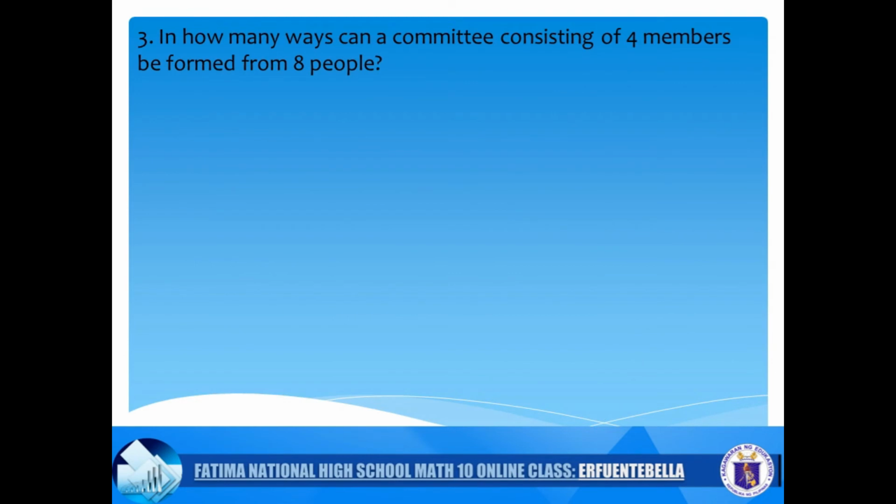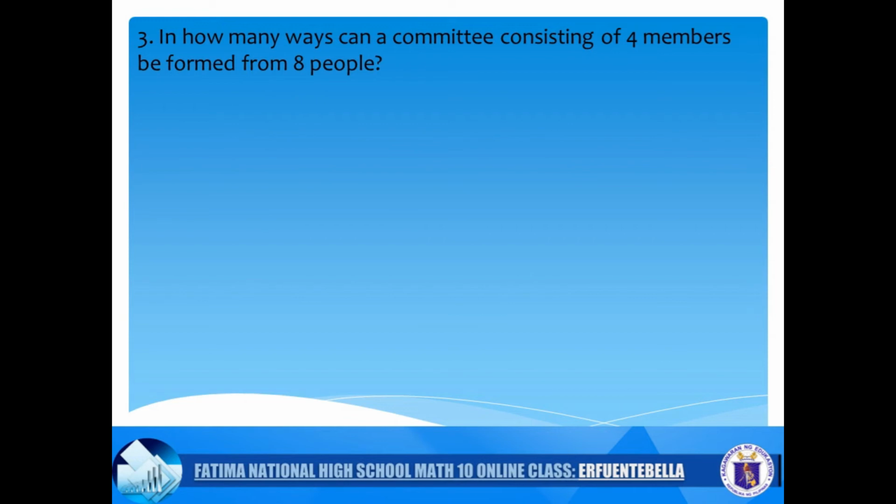Okay, so we have example number 3. In how many ways can a committee consisting of 4 members be formed from 8 people? So is this combination or permutation? So remember that we have only to choose 4 members out of 8 people.